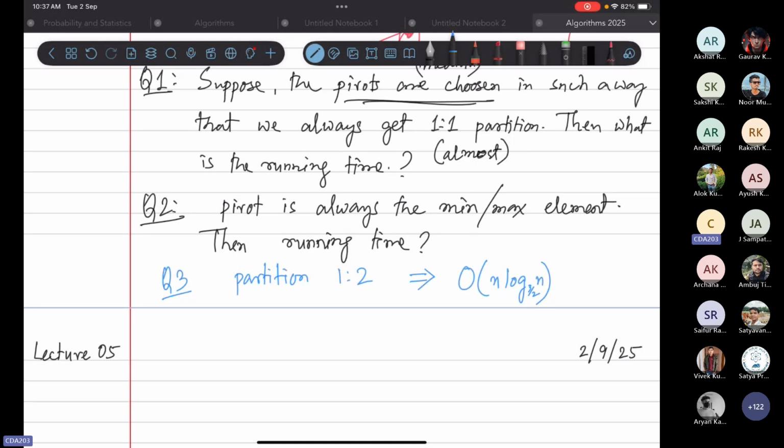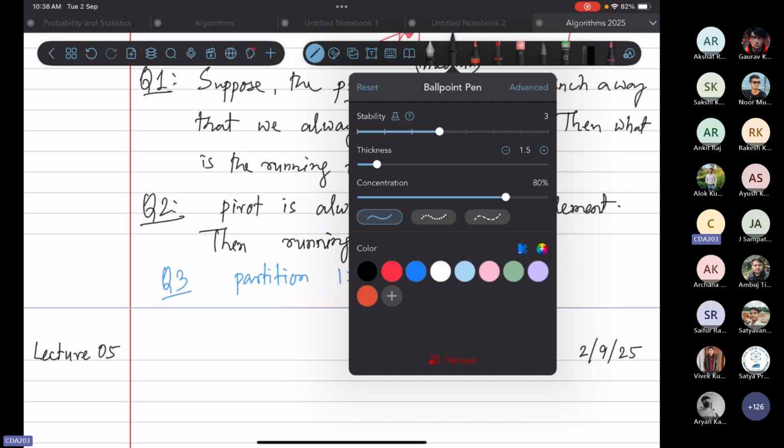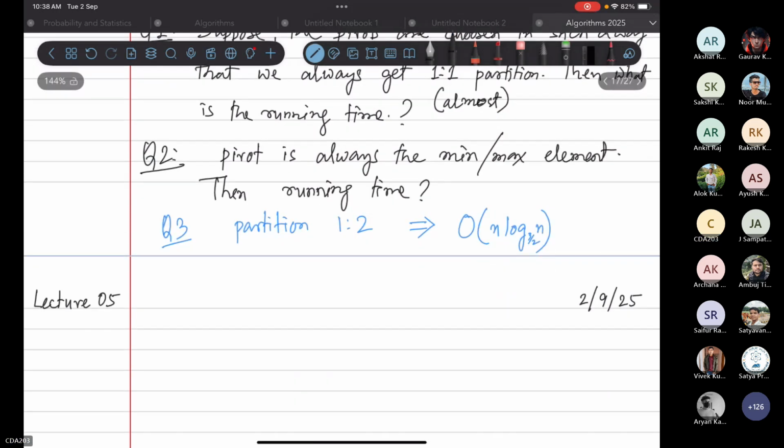Right. Actually this base doesn't matter much, because this log n with base 3/2 is again big O of log n base 2. Okay, let's see, what does this tell you in general?